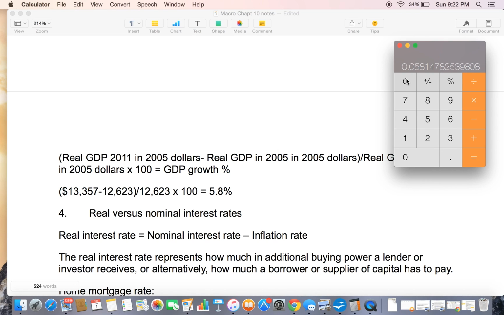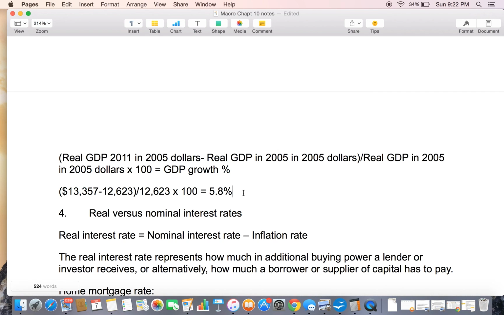It just seems a little low, but I guess it's pretty accurate. We did go through a recession there without much of a rebound, so I'm assuming that's why it's so low. We had 5.8% growth in GDP between 2005 and 2011.